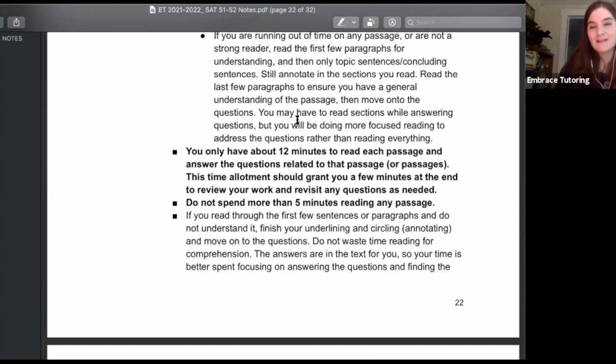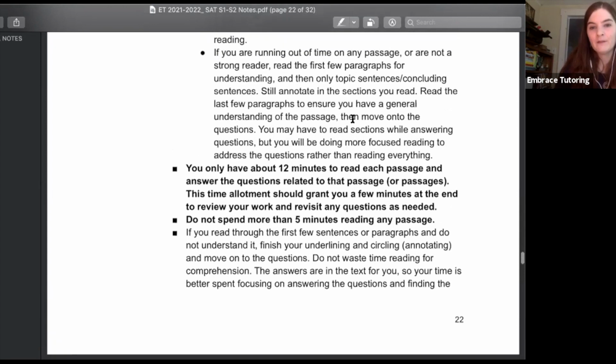And it doesn't matter whether this is in your regimen, your approach for every single test, or if it's just in your back pocket, ready to go in case you come across a situation like this. You can certainly use it. So adapt your strategy. Your reading strategy will change depending on your needs and depending on the passages that are thrown at you, their topics, their complexity.